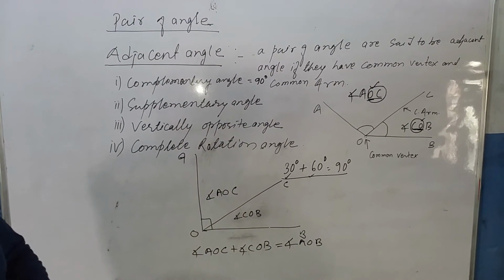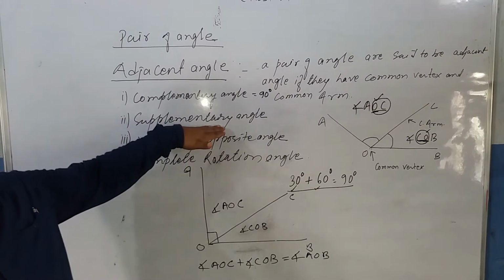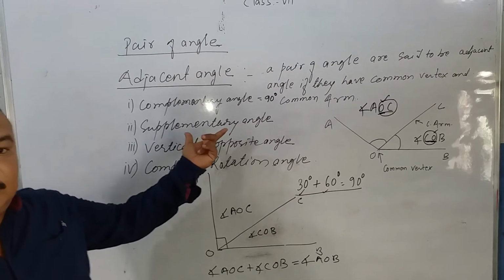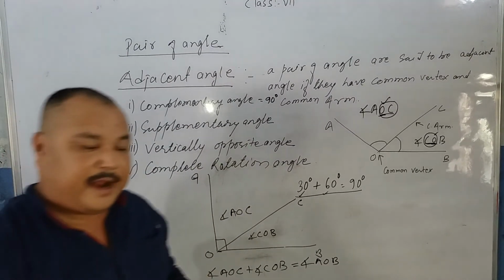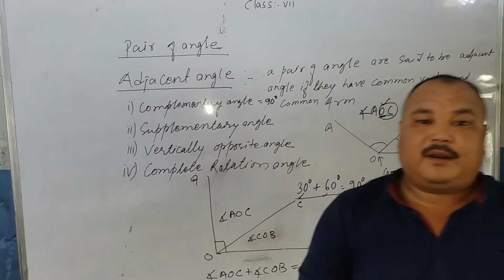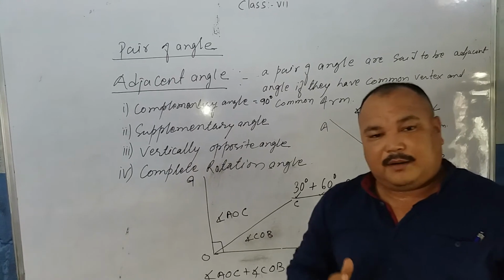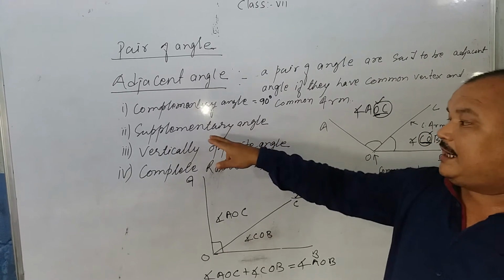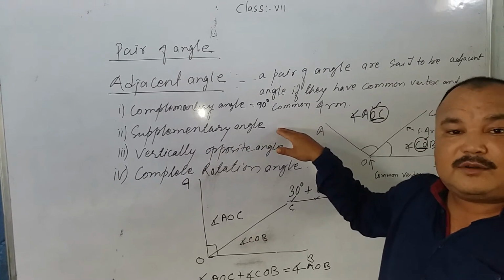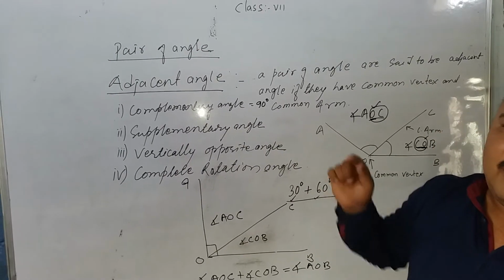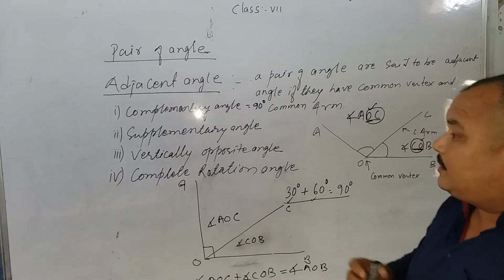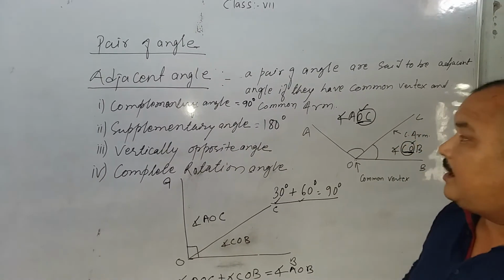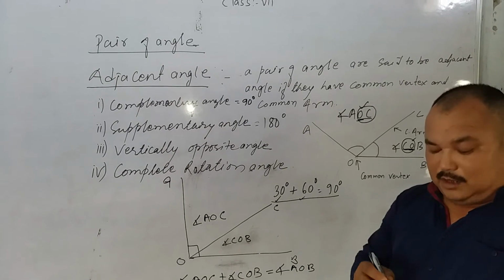Similarly, supplementary angles. Supplementary means it is also a pair of angles, and it forms a straight line. When it forms a straight line, its sum is obviously 180 degrees. So these adjacent angles whose sum is equal to 180 degrees are called supplementary angles.